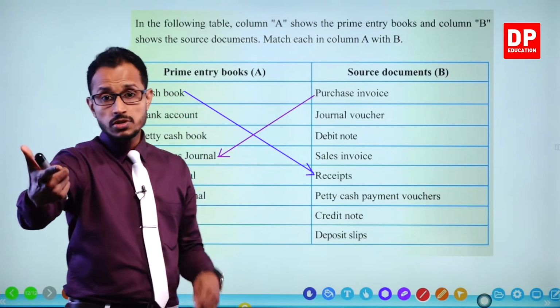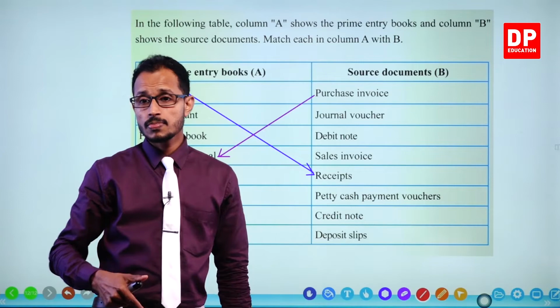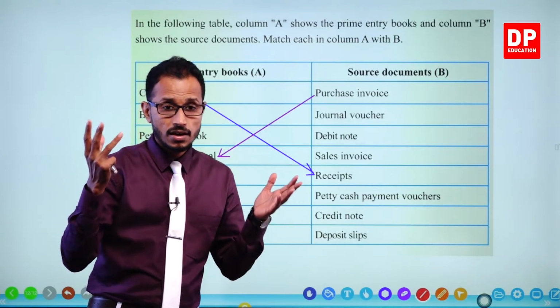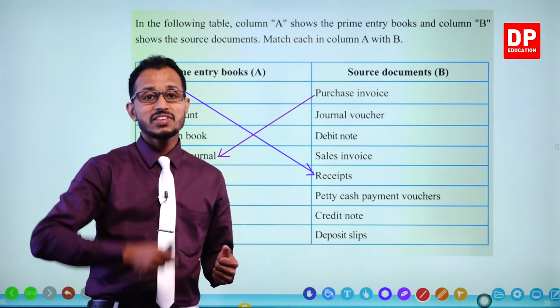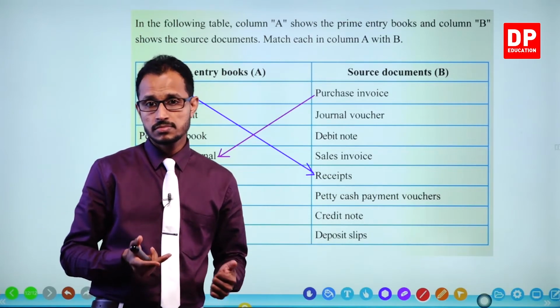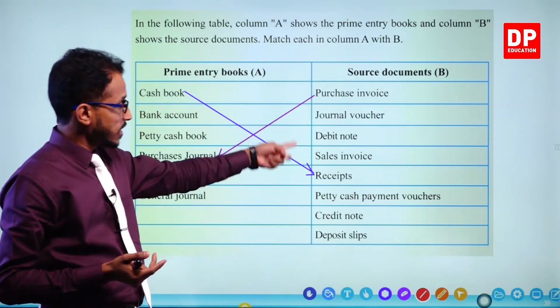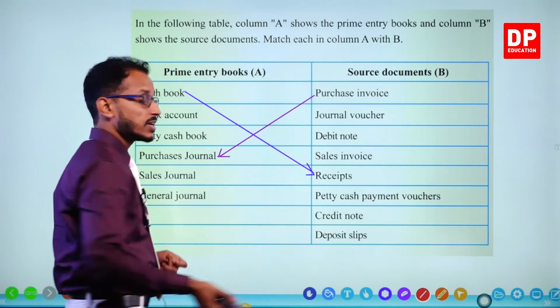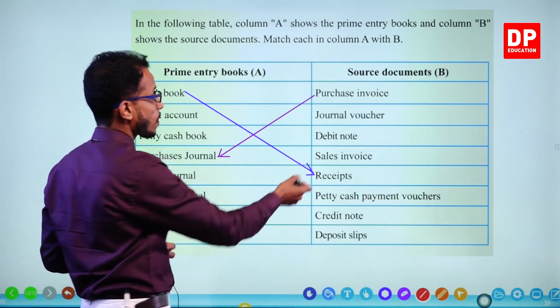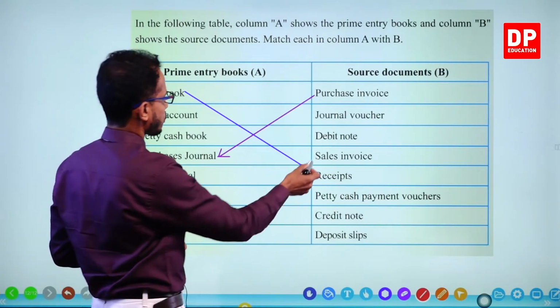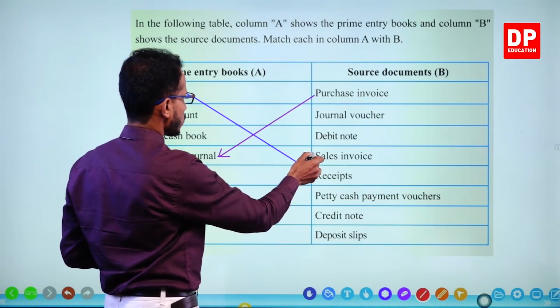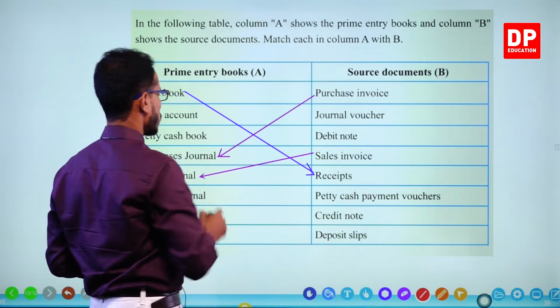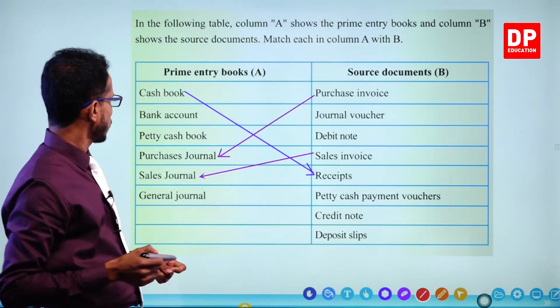They are issued when customers request goods on credit, when we sell goods on credit. And we know in which book we should record credit sales. Which book? Sales Journal, of course.